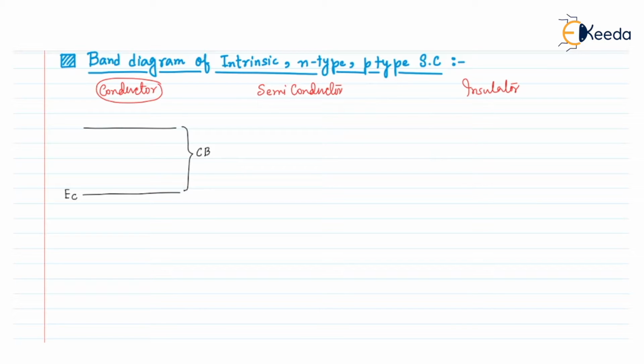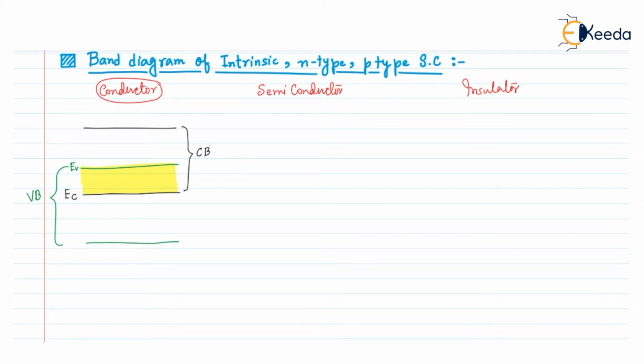and the valence band will be there. There will be a valence band like this, and the maximum energy of the valence band is EV. So we can see that there is an overlapping of the valence band and conduction band.